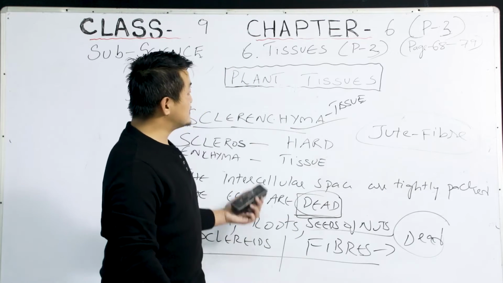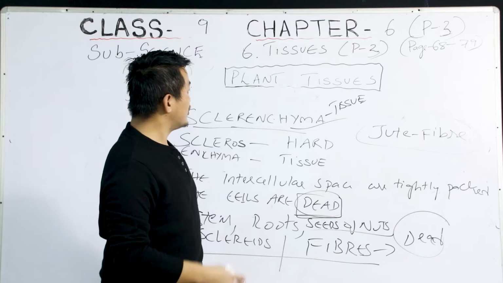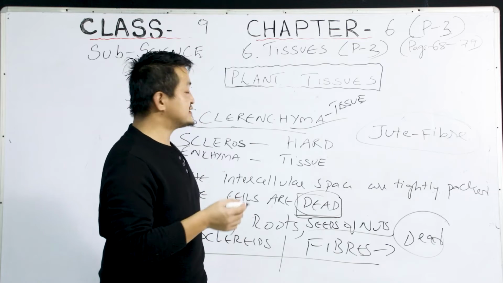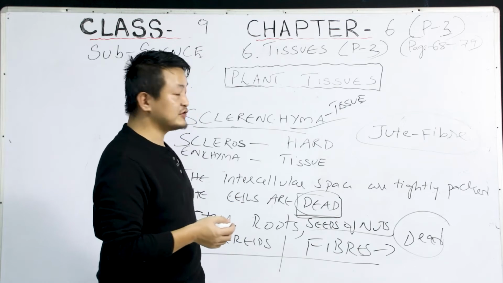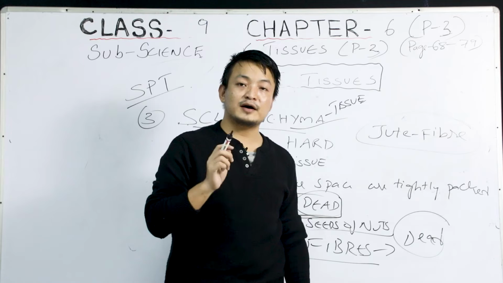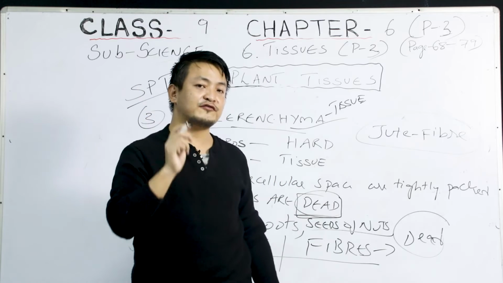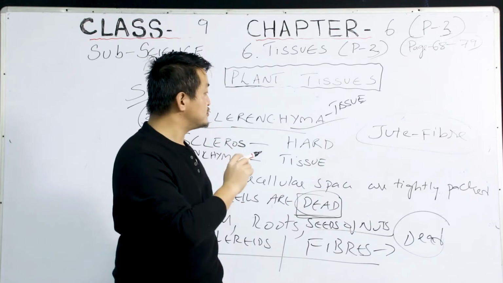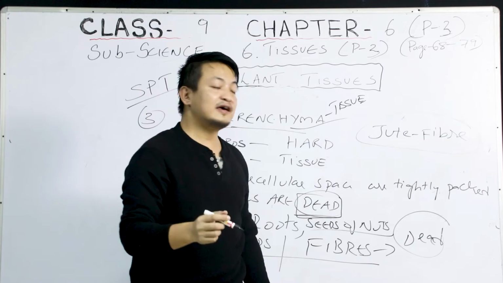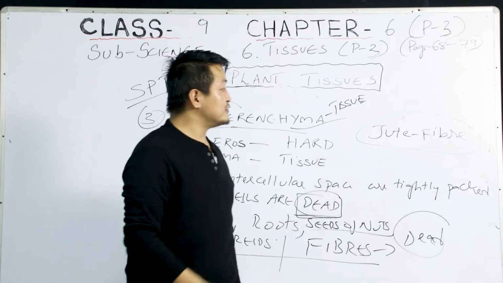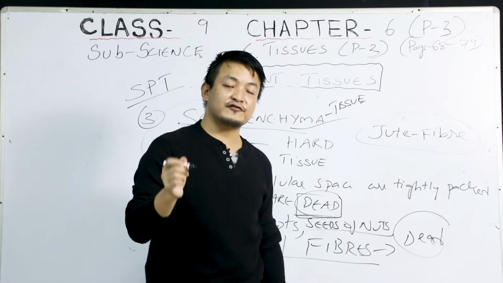So students, we have completed simple permanent tissue, and under it we have discussed three types: parenchyma, collenchyma, and sclerenchyma. The first two are living cells, and the last one is dead cells. You have to know the location and their function.